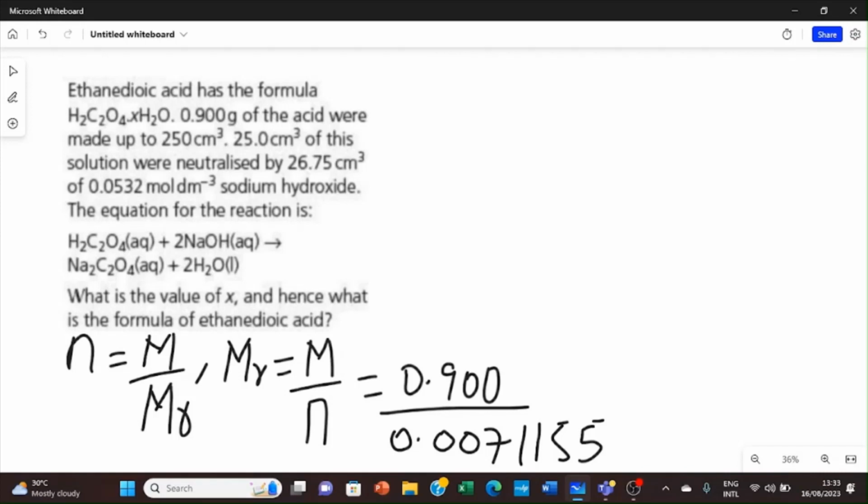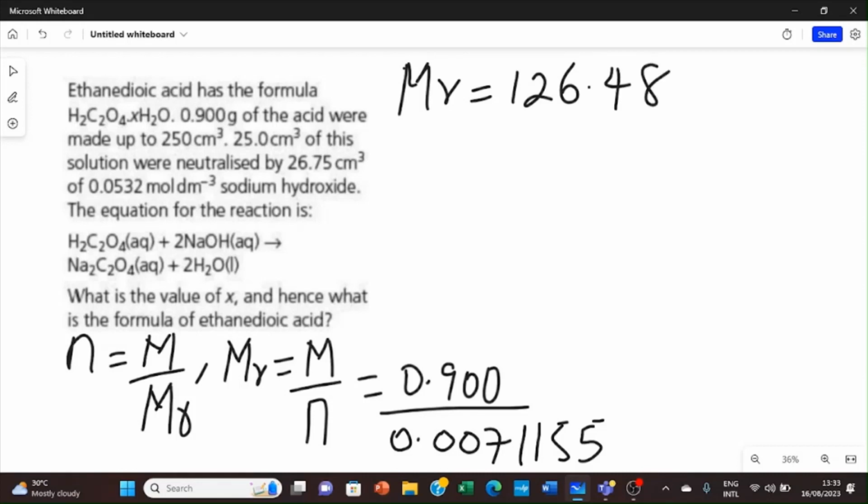So let me use my calculator. 0.900 divided by 0.0071155. So you have what? Molar mass. Molar mass now will be equal to what? 126.48. So that is that.